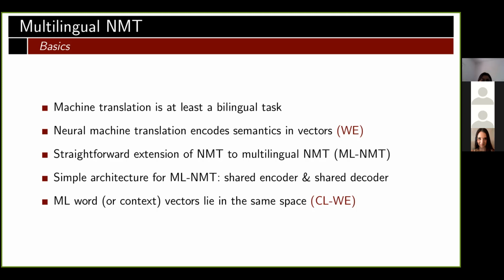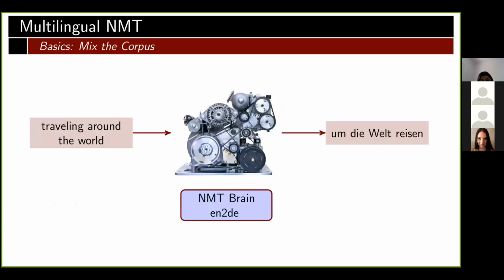And this reminds us of cross-lingual word embeddings, right? We have several languages in the same space. In this method, we don't need to do the projections before training, but in principle, a multilingual transformer would be learning these cross-lingual embeddings in a natural way. And this is what we want to exploit with multilingual neural systems.